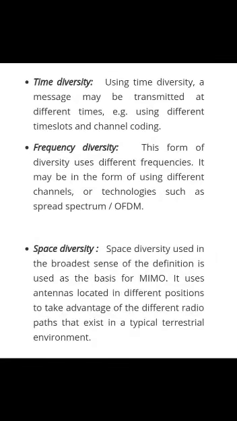The three things to remember in MIMO are the diversities on the basis of time, frequency and space. This shows that MIMO is more advantageous. Of course, you require time diversity. The signal may reach at different times, so you must have different time slots and channel coding. Frequencies mean the signal can be of different frequencies transmitted from transmitter to receiver.